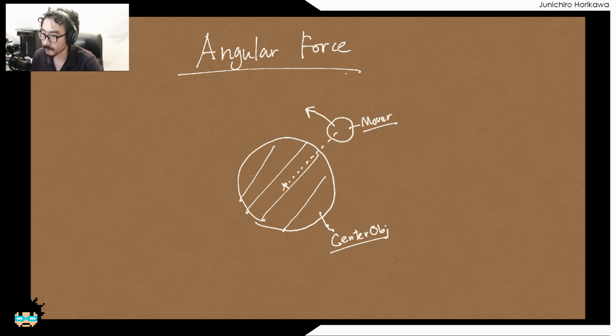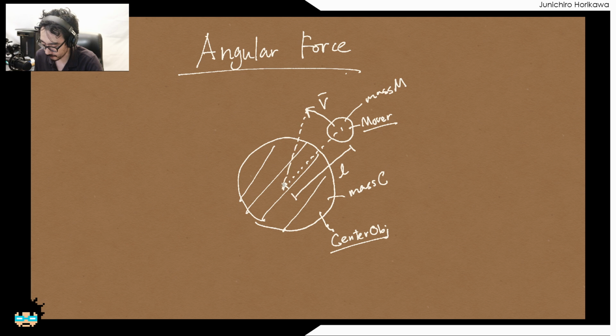The information we have right now is the same as the attractor force: the distance between the center of each object, let's call this L, and the mass, let's call this mass C, and we have this direction V. The amount of direction we want to move can be defined by this angle.